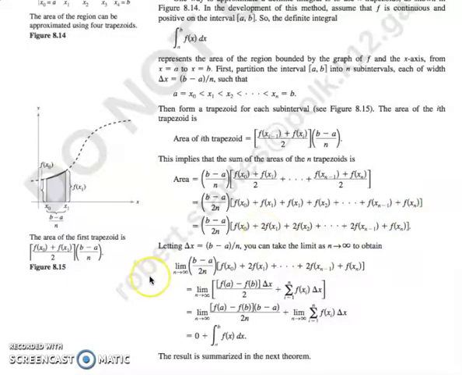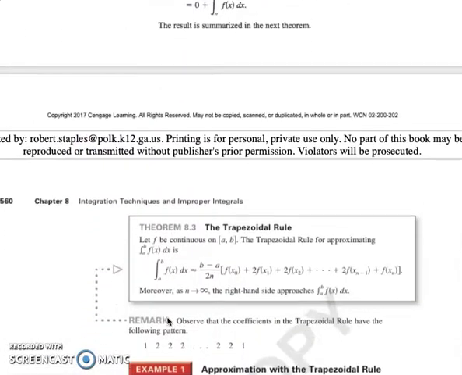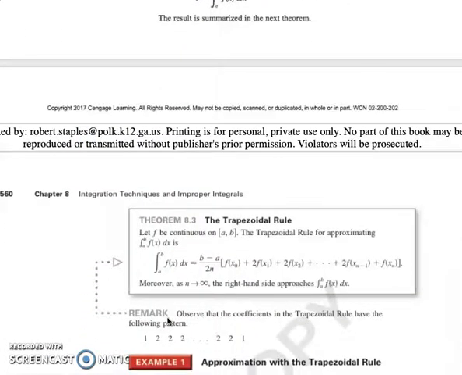And then they go through a little calculus Riemann sum magic here, and they say, hey, we got a theorem. So here's the theorem. This is the most important thing you got to get from our time together.